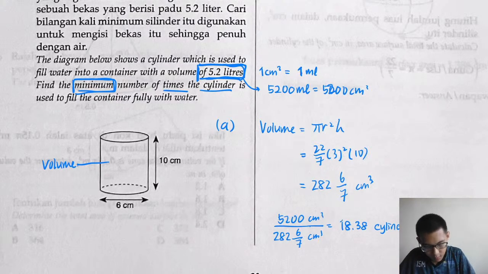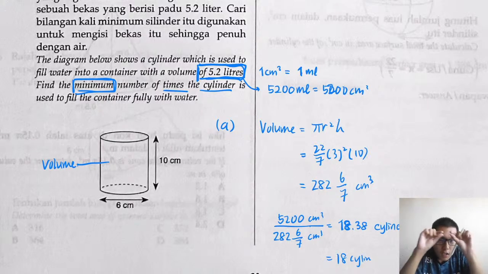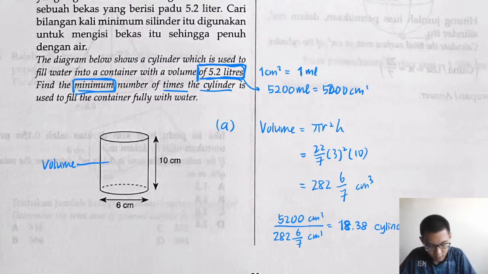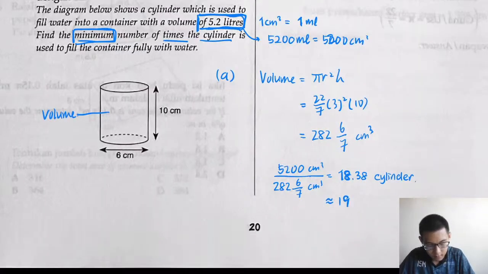So if it is 18.38, that means if we use only 18 cylinders, we have some volume we cannot fill up fully. So that means at least we need to use 19. We round off to 19. Okay, 19 cylinders used.